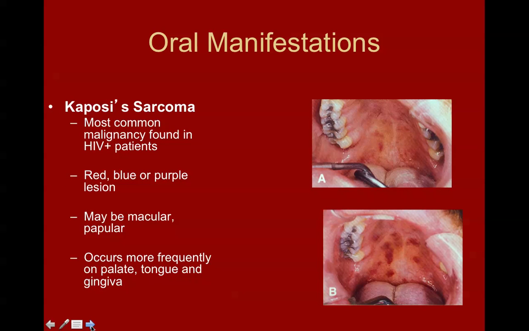Kaposi sarcoma is the most common malignancy found in HIV positive patients. It is a cancer. It looks like bruising here. It recurs more frequently on the palate, the tongue, and the gingiva. And this is an AIDS-defining illness. If any of you have seen the movie Philadelphia, Tom Hanks played, I think, a lawyer who was HIV positive and developed AIDS.